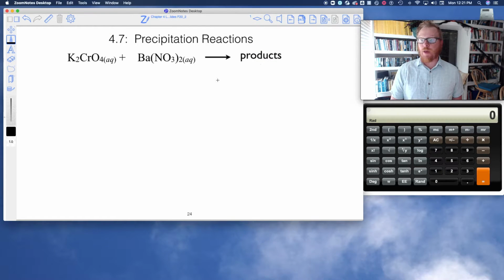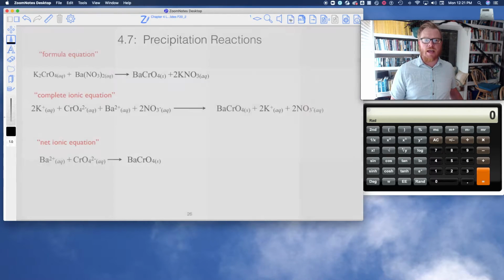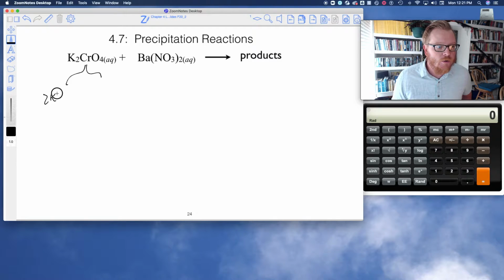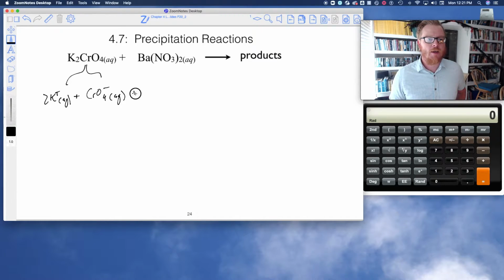And we remember that when I was doing this reaction here, okay, let me see, what is my next slide after that? Yes, so let's write this out. Good practice to break this down, right? 2K+(aq) plus, I know I did this already, but this is good practice all the same, okay? And now this breaks down into barium and 2 nitrates.